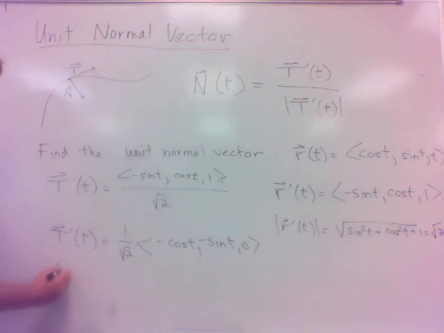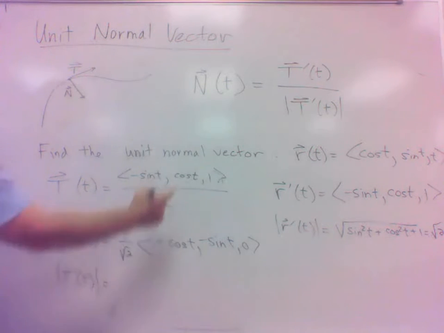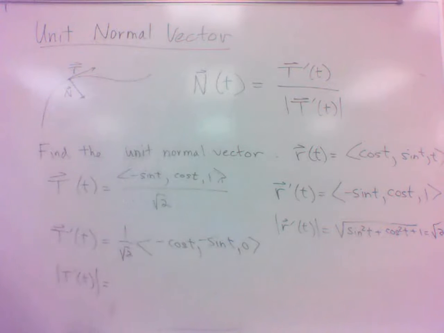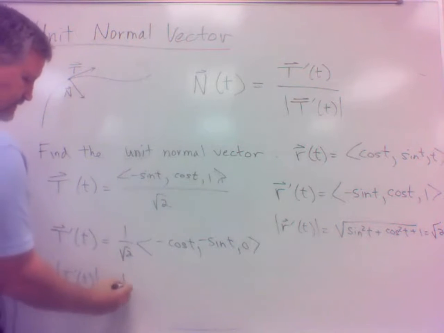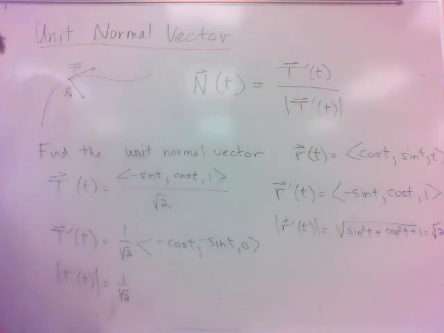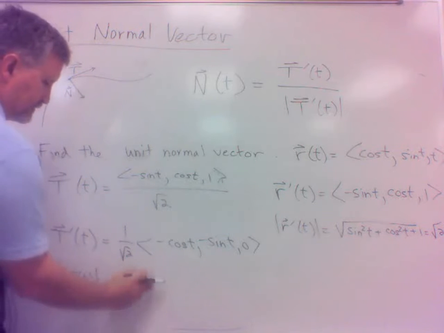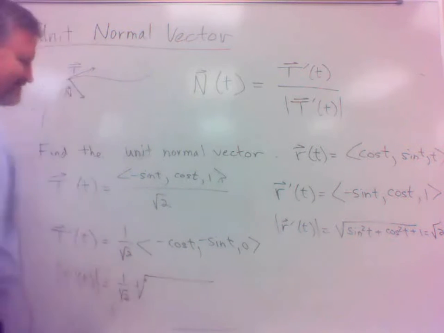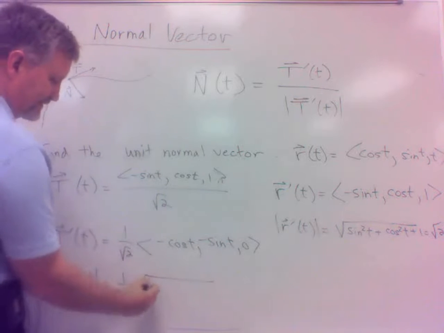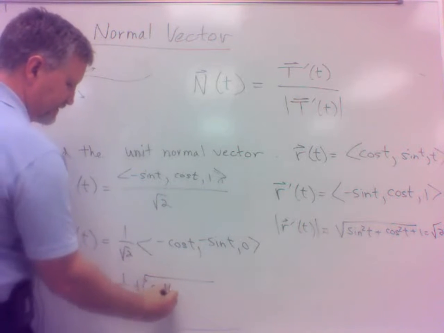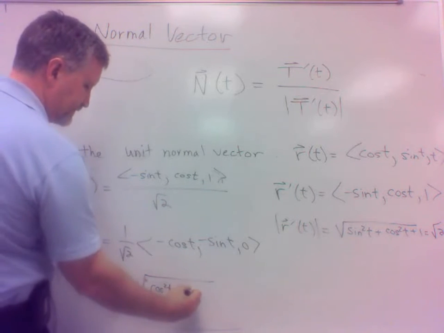And so then the magnitude of that we do need. That part's just going to be 1, because that's cosine squared plus sine squared.